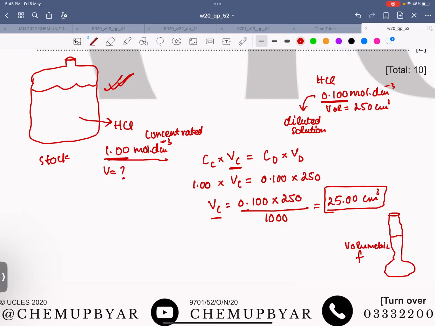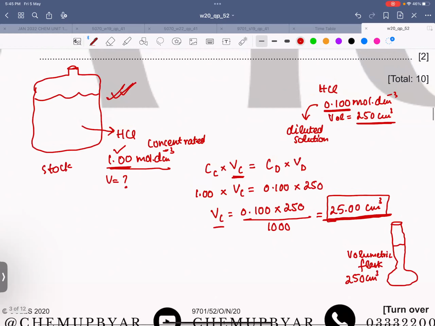So how much volume of solution are we preparing? The volume of the solution is 250 centimeter cube, so it means we need a volumetric flask of 250 centimeter cube. We now know that we need 25 centimeter cube of 1 mole per dm cube hydrochloric acid for this.